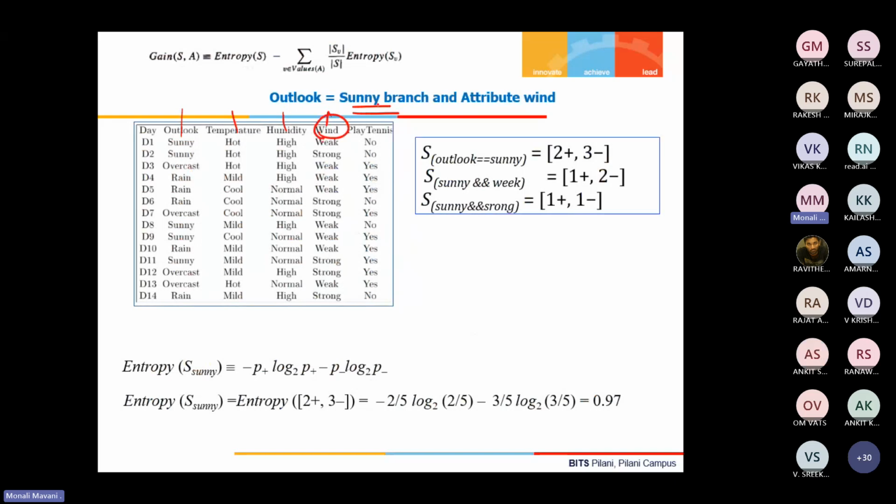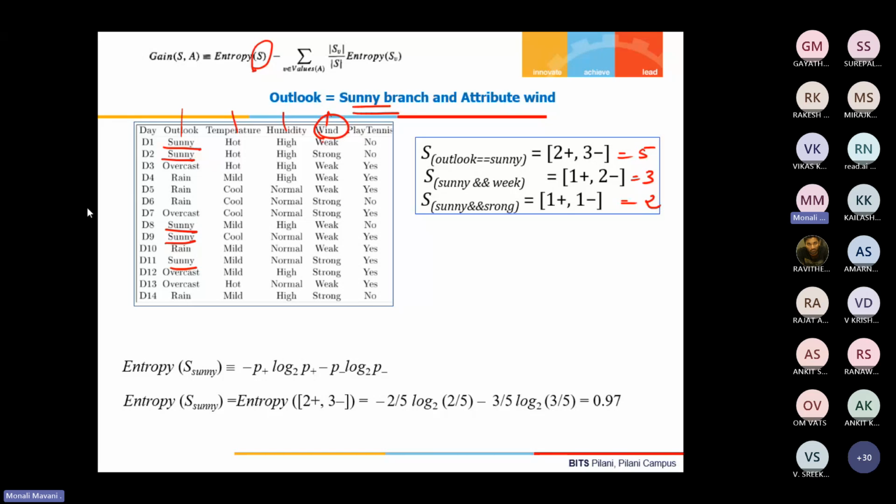So when outlook equals sunny, let's just look at the sunny branch examples: 1, 2, 3, 4, 5. Now my question is, what will become S? In the root node, I put all my examples.